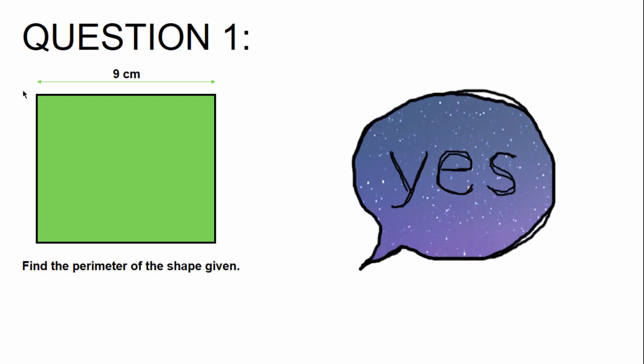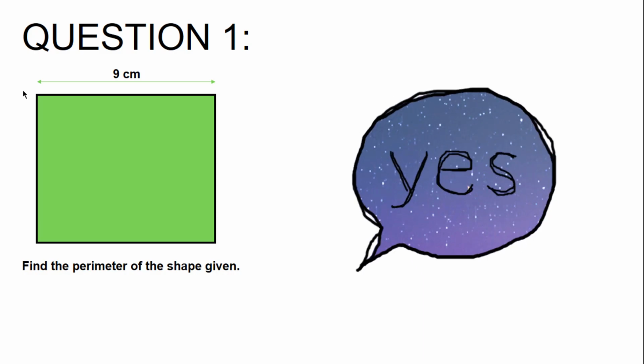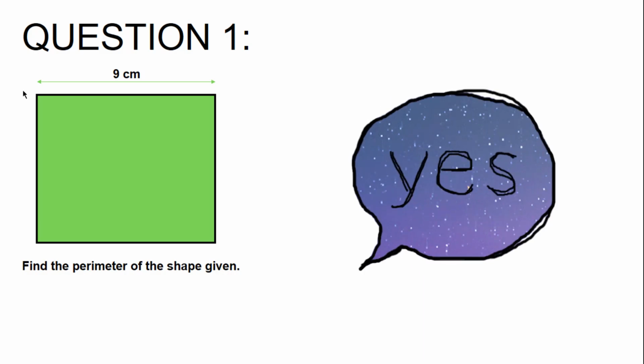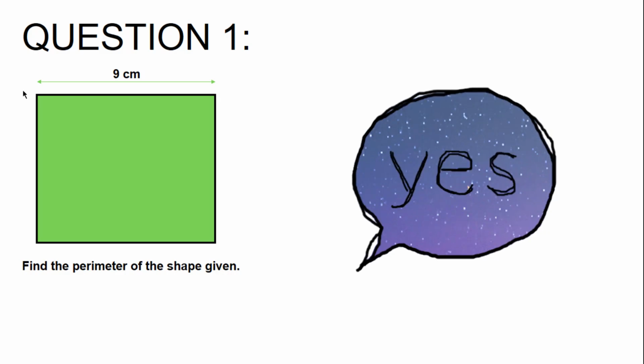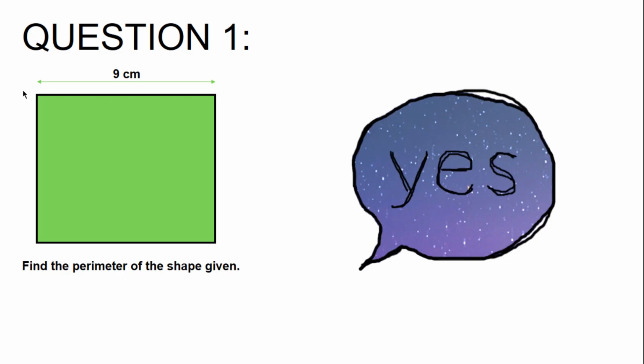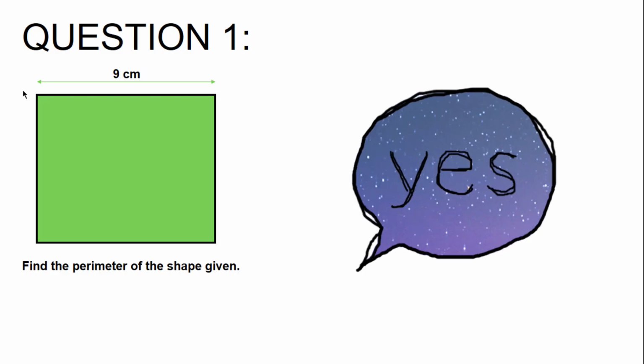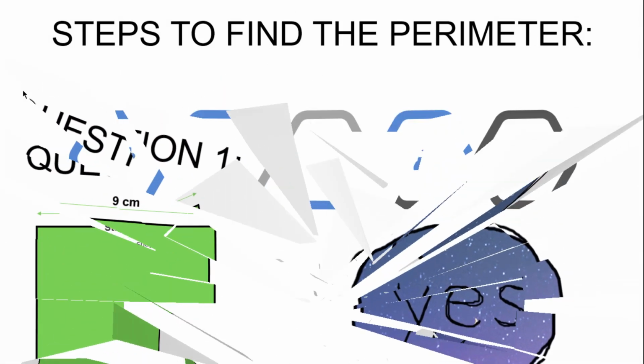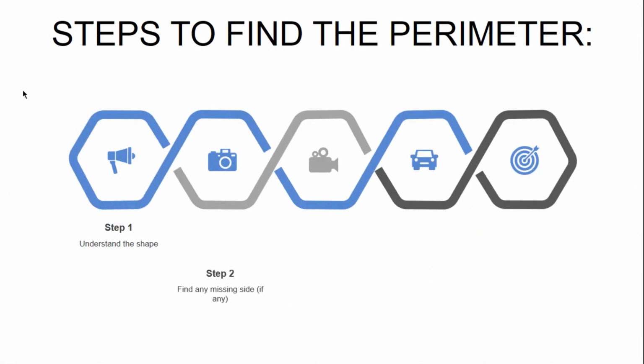And now, as we solve this question, what I want you to remember is first we look at the shape and we identify the shape. Now, the second step tells me that I need to find any missing side. Note in bracket it says if any. Okay, sometimes in the question not all sides are going to be given, but that does not mean that the question cannot be solved.